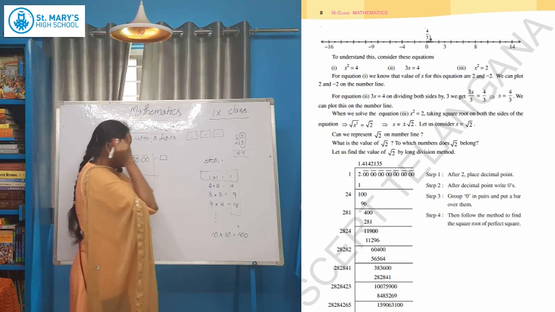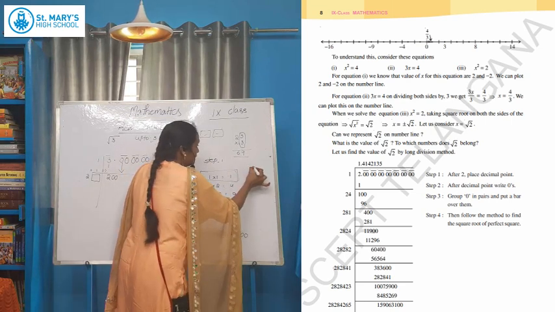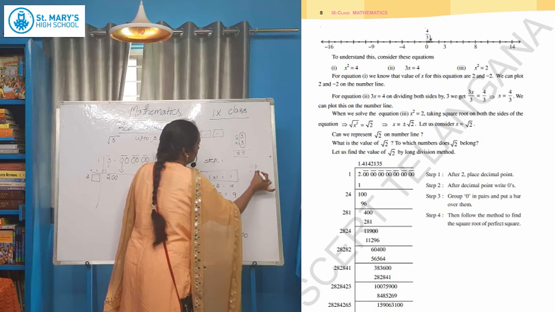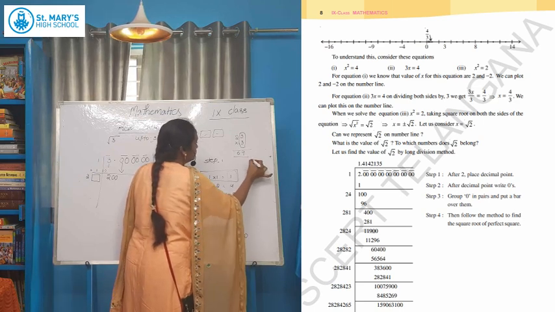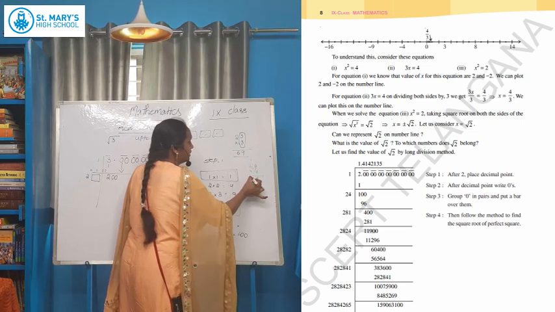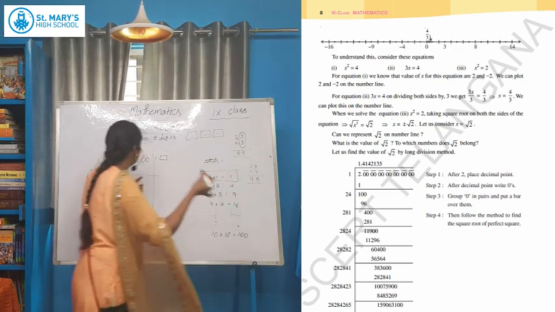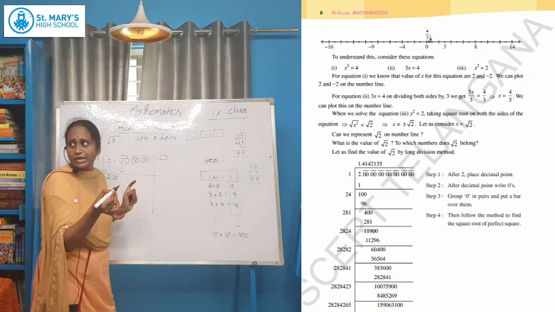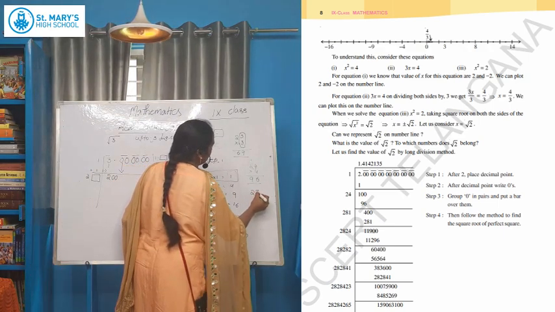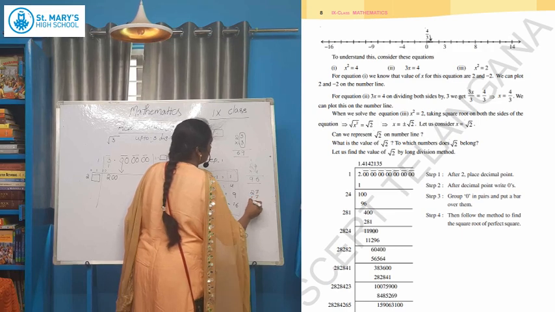Now again we will go to 24 into 4. 4 4s are 16, and 4 2s are 8, plus 1 is 9. So 96, it is much smaller than 200. Yes. Similarly, we will continue taking the same digits in the ones place.